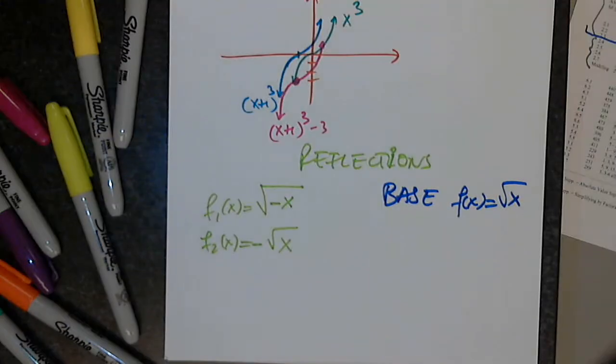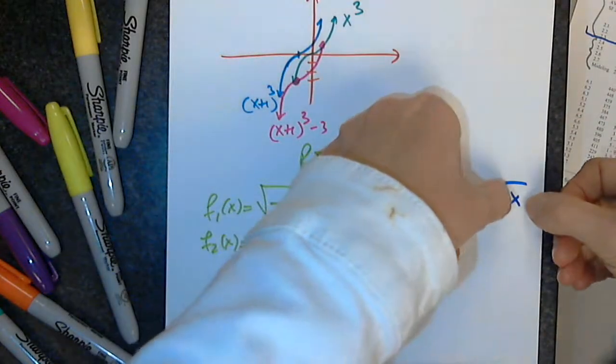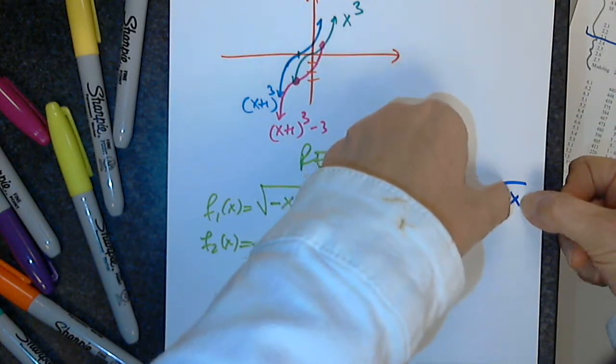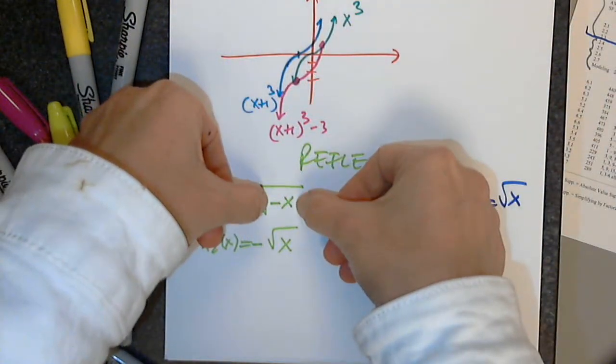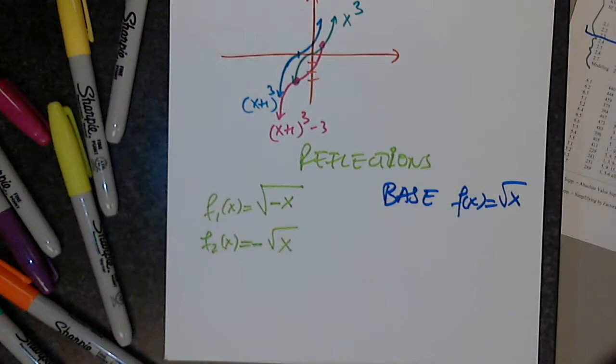Now, these are two totally different situations. Here, I'm changing x into negative x. So it must be a transformation that happens on x. So from positive x to negative x, what am I doing? Reflecting the graph with respect to the y-axis.